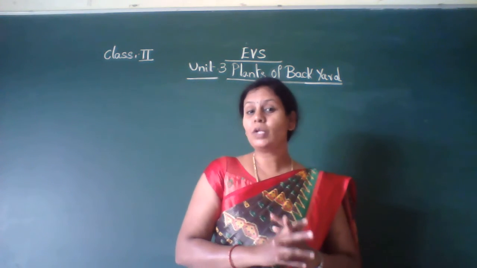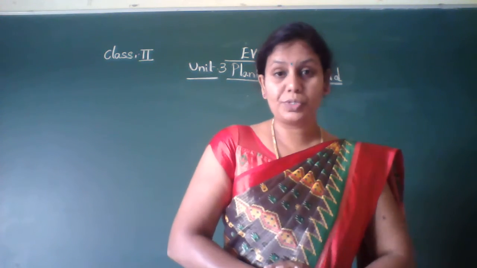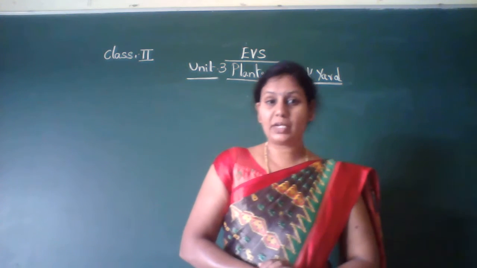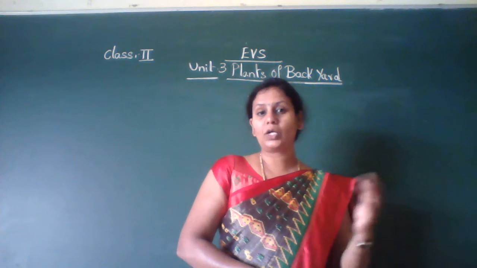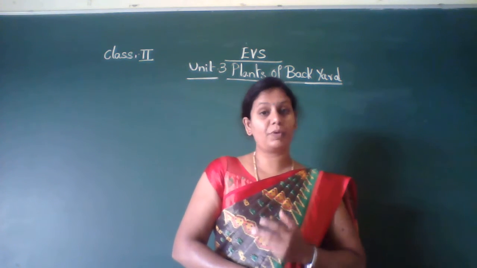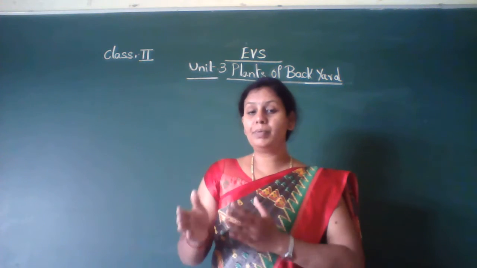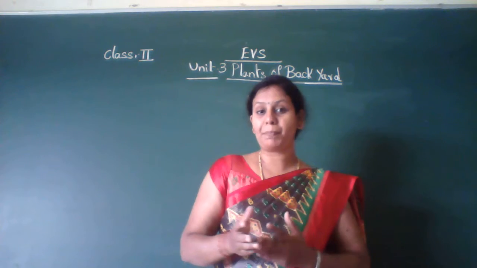We rear some animals not only for our use, but for love and as pets. Such animals are called pet animals. We rear some animals for our use, like cow, goat, sheep, donkey, horse, buffalo. But we also rear parrot, pigeon, rabbit, kitten, that is cat, and puppies.